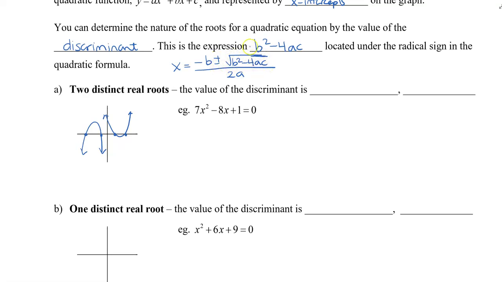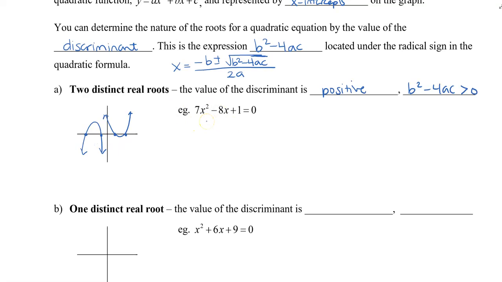So b squared minus 4ac must be positive. That means that b squared minus 4ac is greater than 0. Because it's greater than 0, I'm going to have a number to add and also a number to subtract, giving me the 2 solutions.